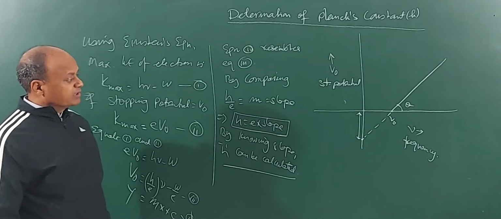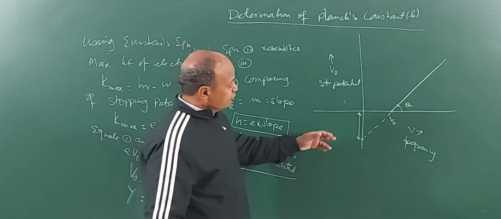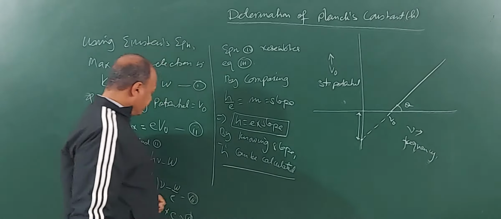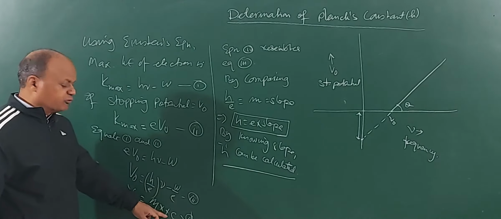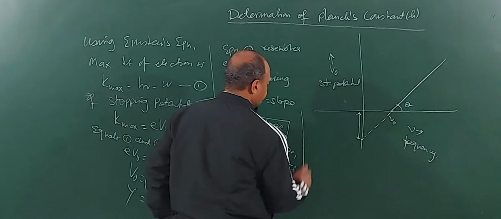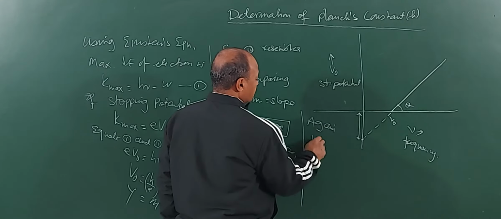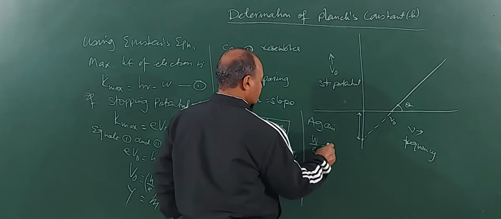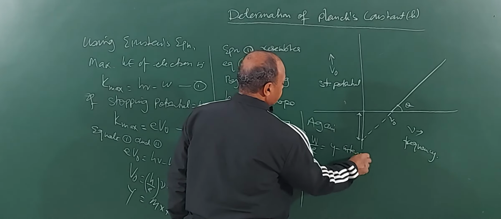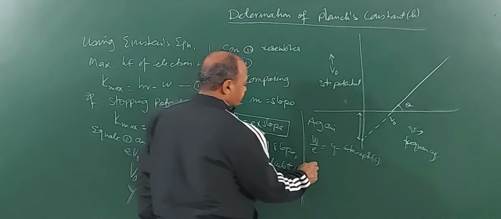Now how can we calculate the intercept? We can very well do so by looking at the graph. This is the intercept on the y-axis. Now if I compare, then W by e will be equal to what? C, and C is what? The intercept on the y-axis. Again, W by e is equal to the y-intercept, that is equal to C. So how much is W?